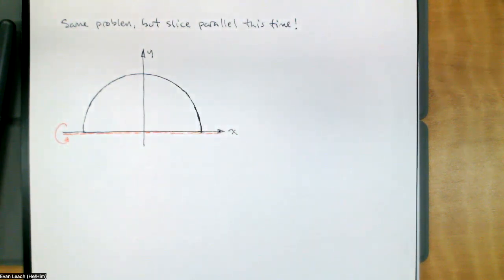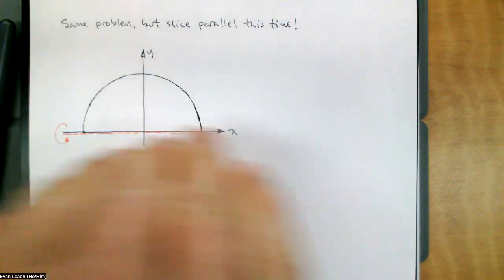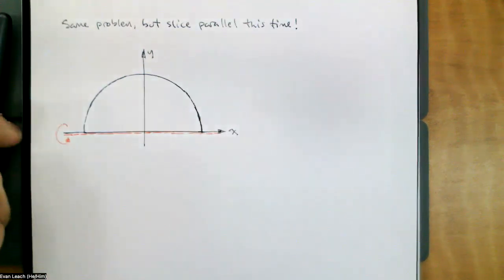So we want to find the same volume. We know the answer is 36 pi, but we also know that finding the volume of the sphere is not the point of the problem. We're going to make a slice and it's going to be parallel to the axis of rotation. So here, instead of slicing perpendicular to the axis of rotation into a delta x, we're going to slice parallel into a delta y.